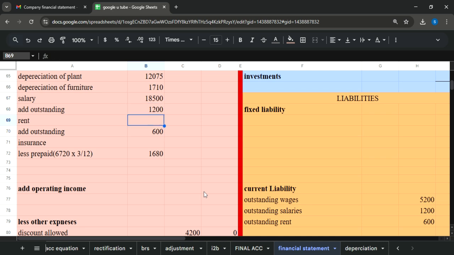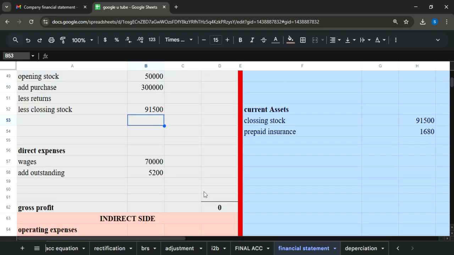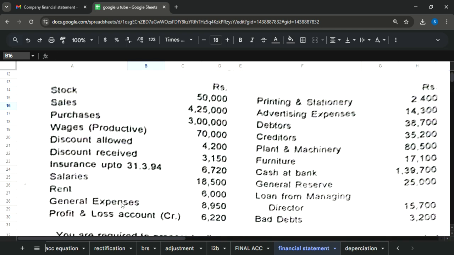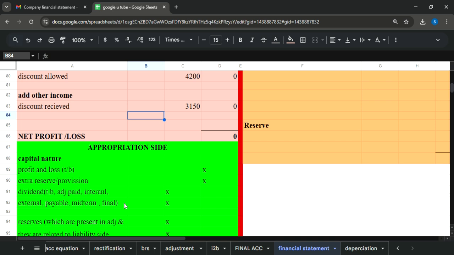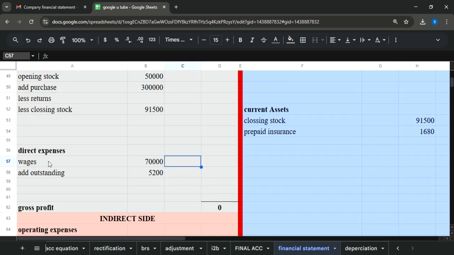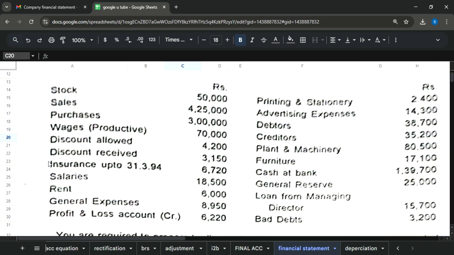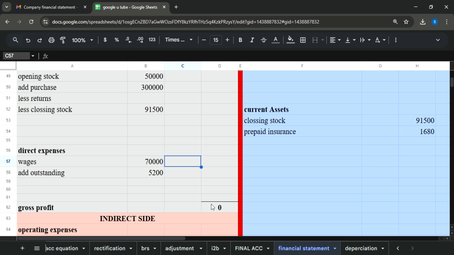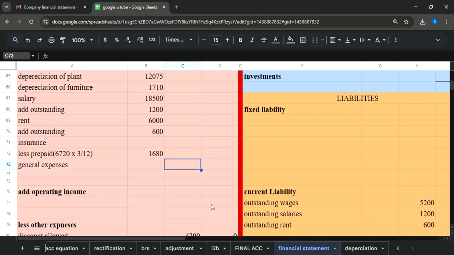Here you will place 6,000 in front of rent. After rent, we have general expenses, part of operating expenses. So here you will mention general expenses, amount of which is 8950.